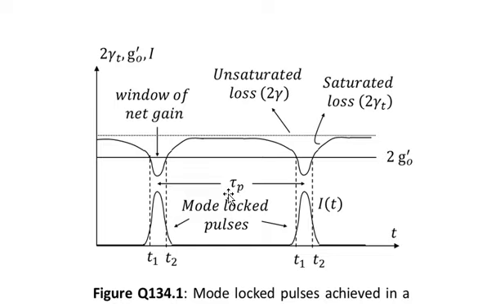After one round trip, again this will be presented to the absorber, and again this pulse will be transmitted, because when the absorber encounters a very high intensity, it gets saturated. Due to a very high intensity the absorber gets saturated, and of course the loss it presents becomes smaller than the gain of the medium, and so you can see that the peak can pass through the absorber.